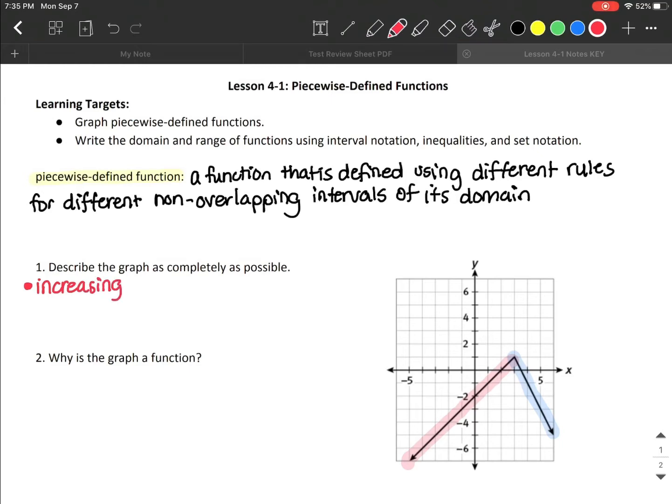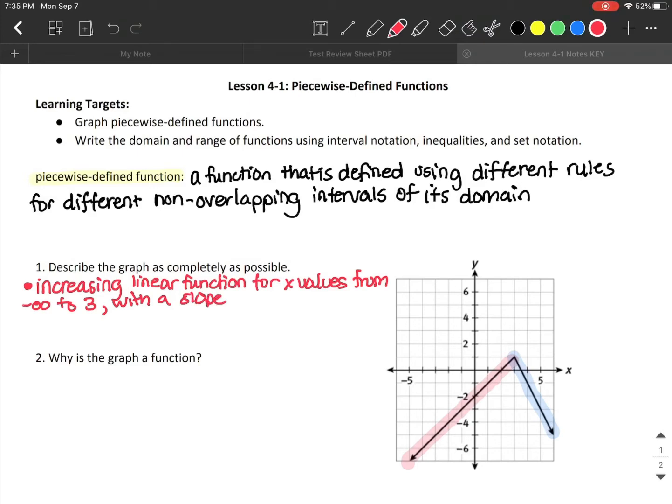It's an increasing linear function for the values of x from negative infinity to positive 3, with a slope and y-intercept, because that's how I define a line.